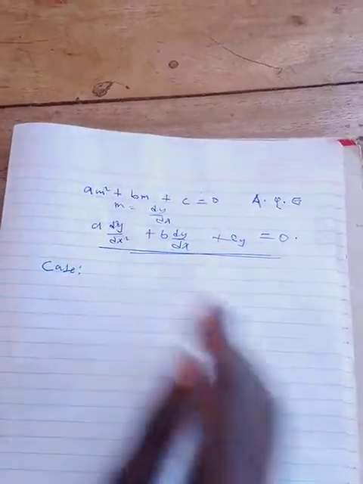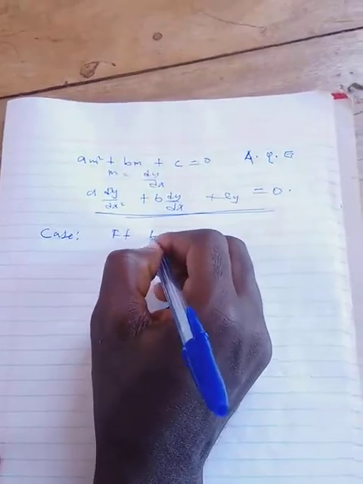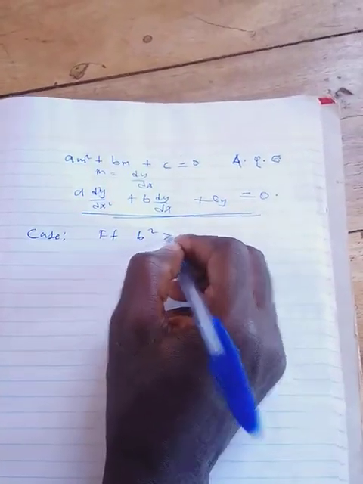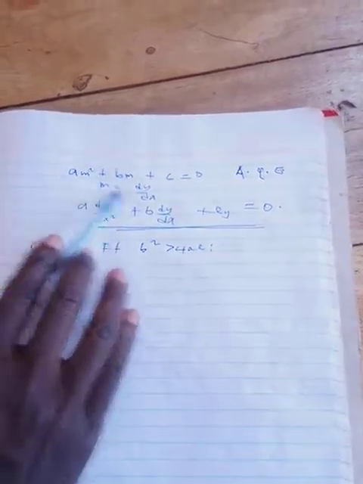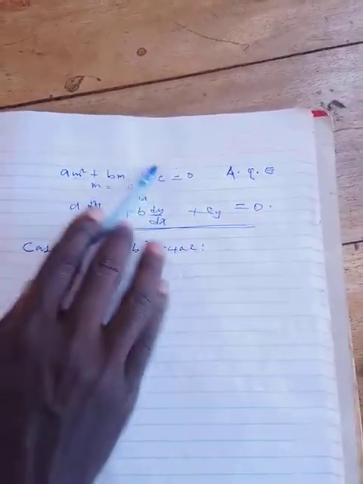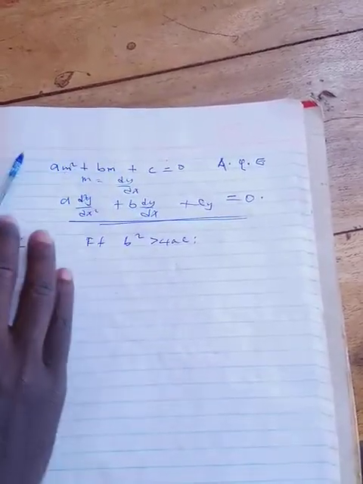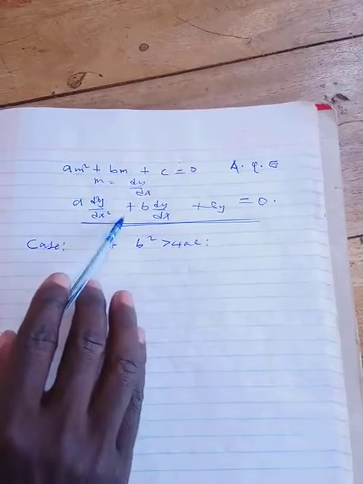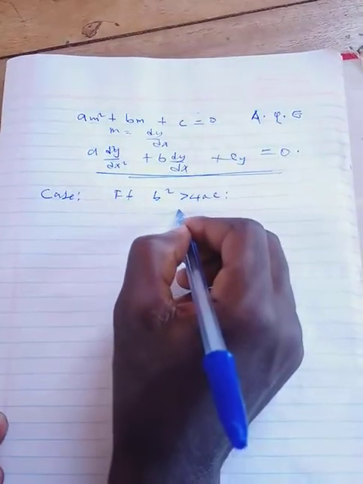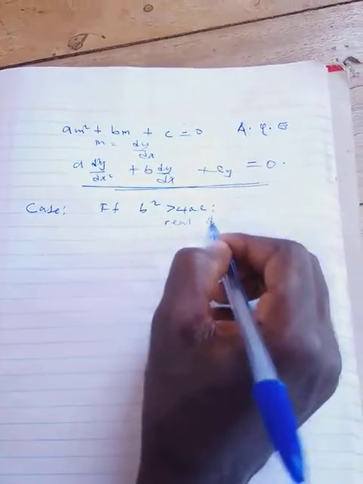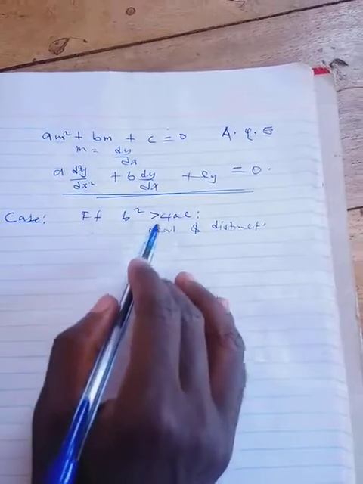Case 1: we look at if b squared is greater than 4ac. What does it imply? It implies that the factors of this equation that is equal to 0, when you solve the equation that you obtain from this differential equation, are real and distinct, not the same.